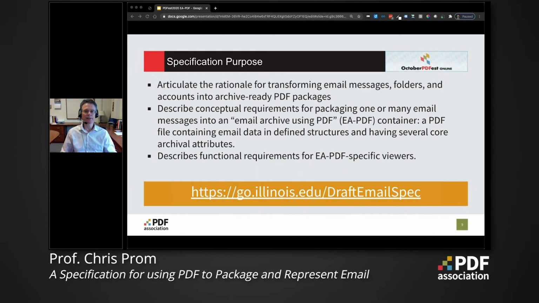But I'd like to just take a step back and articulate the purpose for the specification, which essentially is threefold. First, articulating the rationale for transforming email messages into PDF.